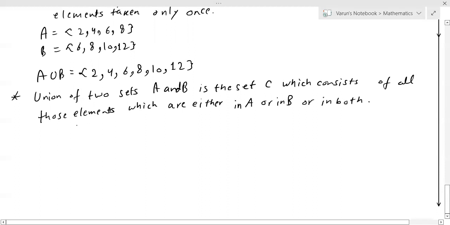So definition wise, I can say A union B is equal to, in set builder form, {x : x belongs to A or x belongs to B}.